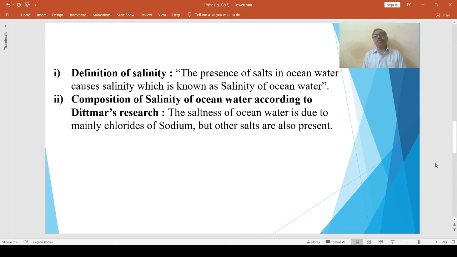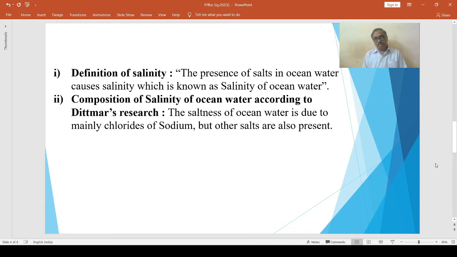Then composition of salinity of ocean water according to Dittmer's research. The saltness of ocean water is due to mainly chlorides of sodium, but other salts are also present in ocean water. The ocean water contains sodium chloride.